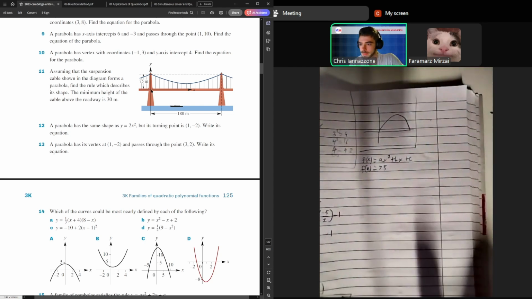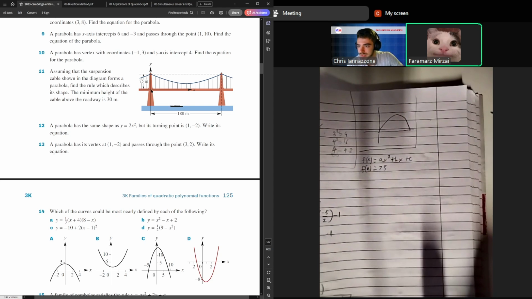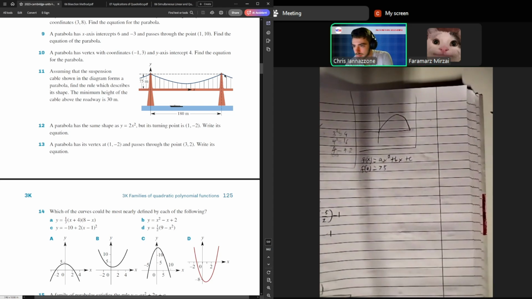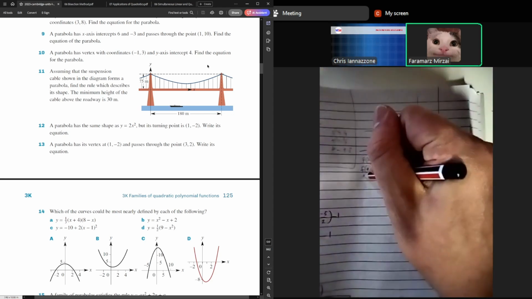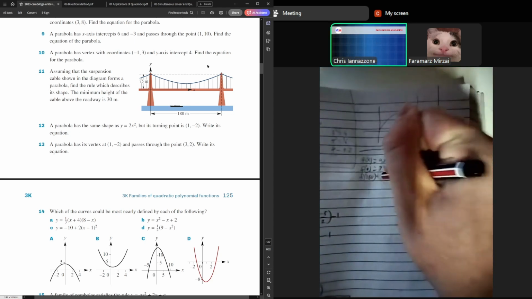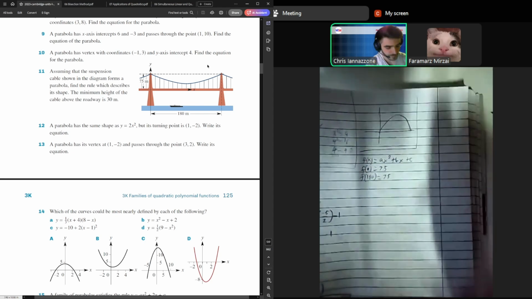The other thing we know is that the next little peak occurs 180 meters later. So you've got 180 as the x, because x equals 0 at the beginning, and you've still got y equals 75 up the top here. So f of 180 is equal to 75 as well.